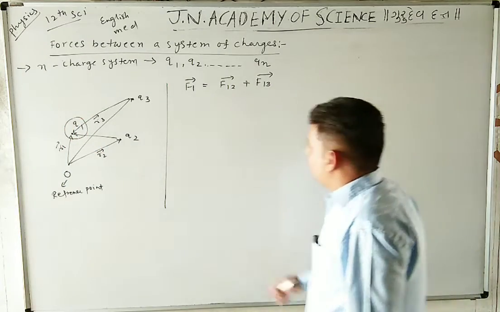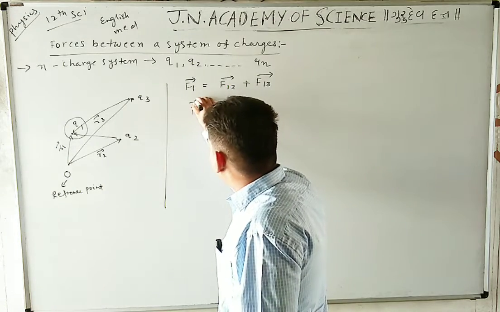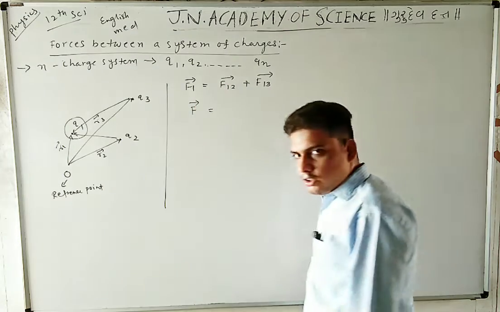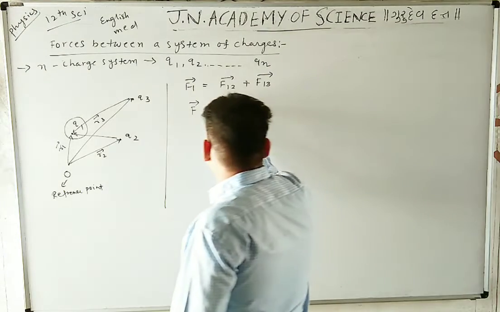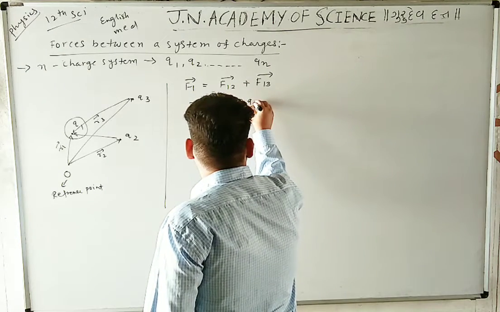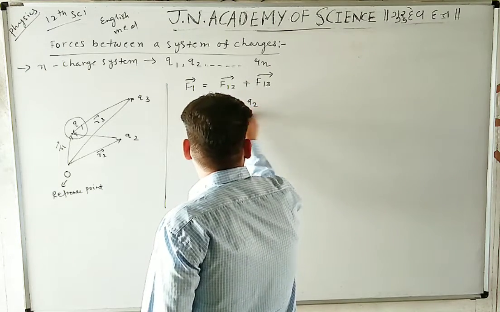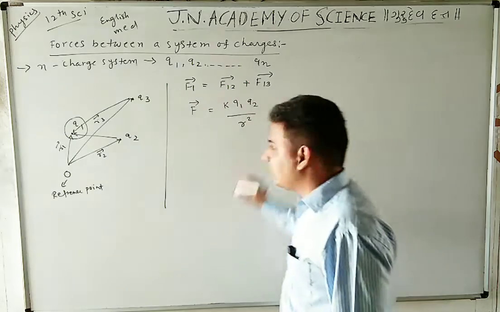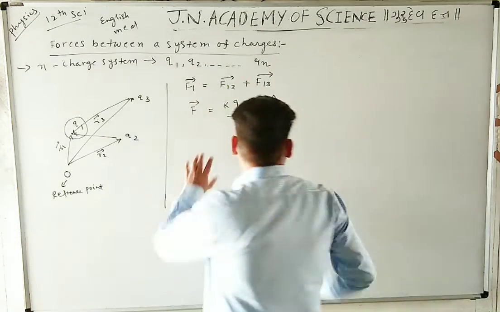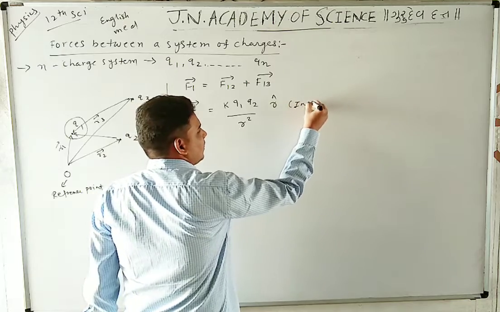Now, you already did the vector form of Coulomb's law. What is force? In general we can say F is K Q1 Q2 divided by R square, R cap.